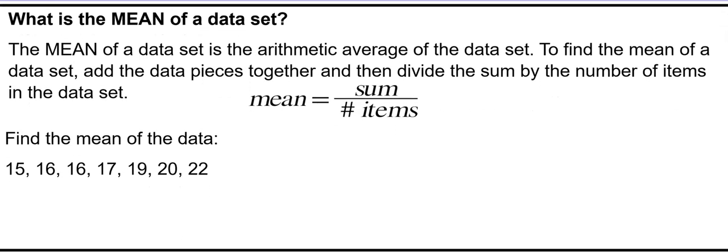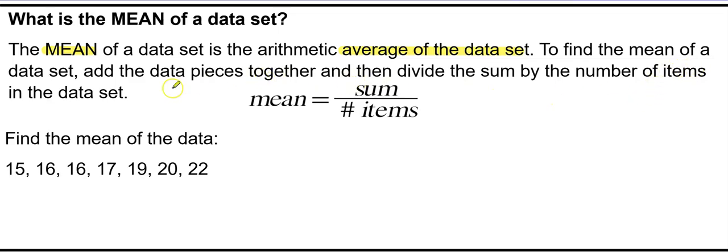The first one is called mean. So the mean of a data set is the average of that data set, the arithmetic average. You may have just heard average, that's what we can call it.